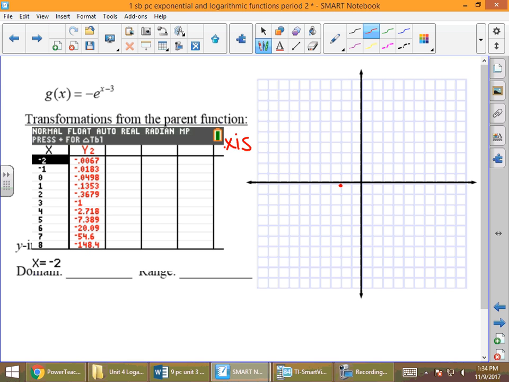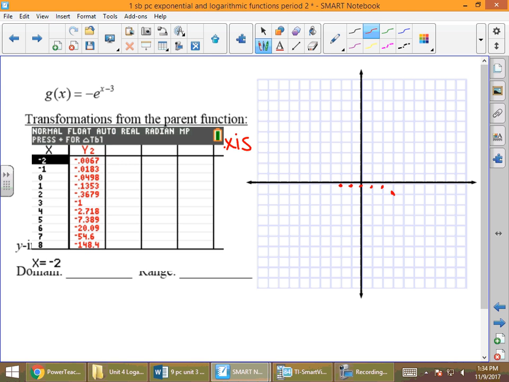And we have negative 1, negative 0.0183. We can't even tell a difference on our picture here. We can't graph that small of a number. 0 is negative 0.04. 1 is negative 0.13. 2 is negative 0.36. 3 is negative 1.